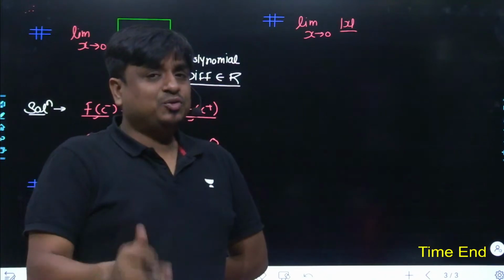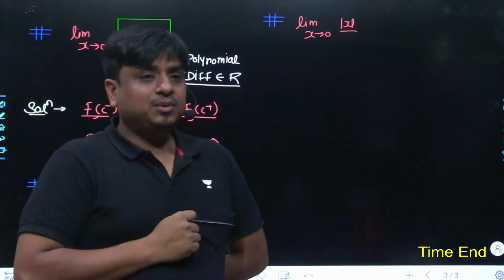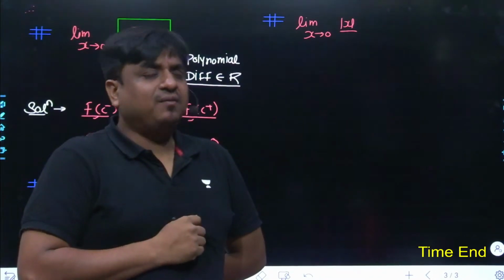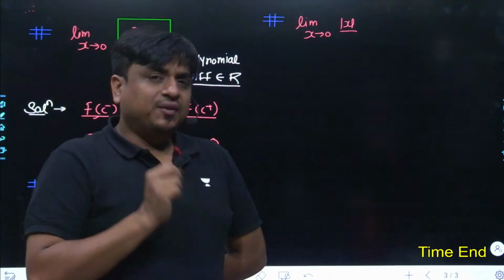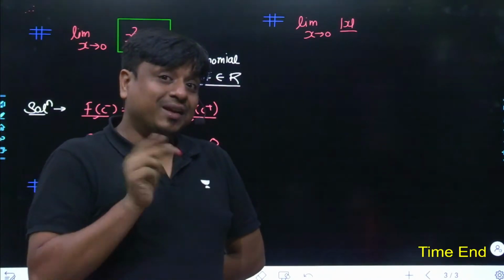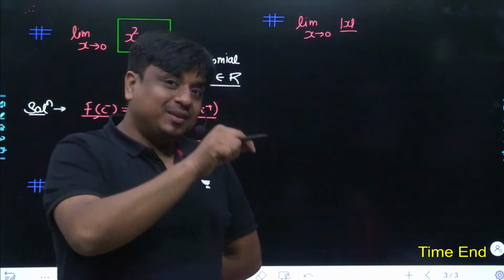That is a separate story, that at x equals 0 the function is non-differentiable. At this moment I have nothing to do with differentiability; I have just to do with continuity. If the function is continuous in the entire region of x, by default the limit would exist in the entire region of x, and the left hand limit would be the very same as the right hand limit.